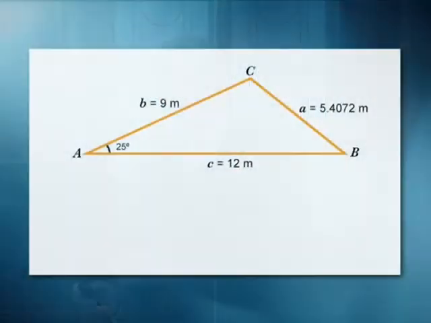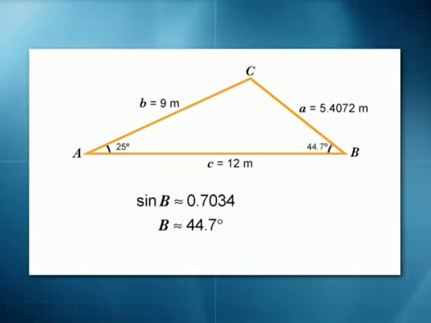Here I know B has to be acute, because back in the picture, the longest side was c equals 12. So the angle at C is the largest angle in this triangle. So B is definitely an acute angle. Good. So we can take the angle for B, and it turns out to be, in this situation, about 44.7 degrees.